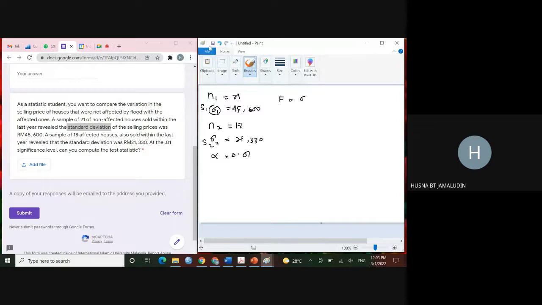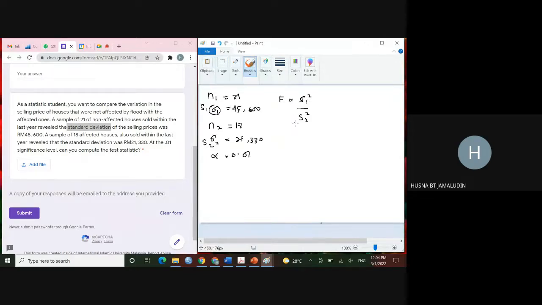So in this case, instead of putting sigma here, I will put S1 squared over S2 squared. So 1 here means sample 1, and squared means that instead of saying this is your standard deviation, this refers to variance. So variance in sample 1 over variance in sample 2. Okay, when you have squared, then it refers to variance.